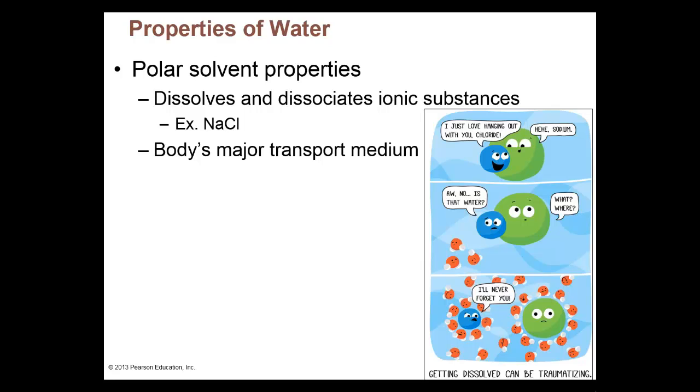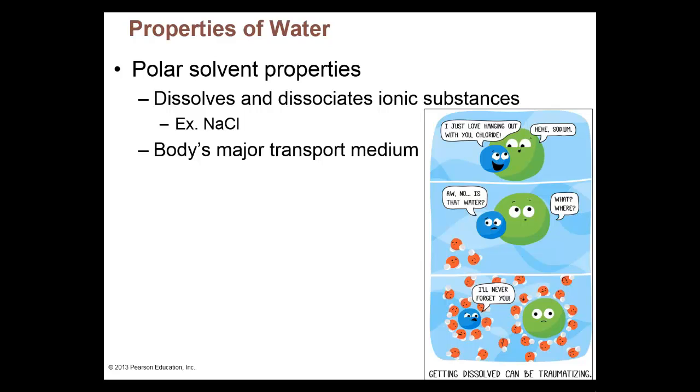Now, an ionic substance means what? It will have a partial charge once it's split. When they're together, what type of bond do they have? An ionic bond. And so it's going to break apart any type of ionic bond into its ions.